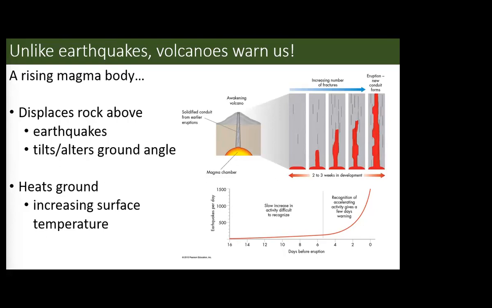So any existing faults are going to get different stresses and strains built up, and they're going to shift, and they're going to tilt. They're going to be displaced. We're also going to get an increase in the actual ground temperature. So we can measure the actual ground temperature, and if we get a rapid increase over a period of days, we can tell when an eruption is going to occur and give ample warning time for evacuation.